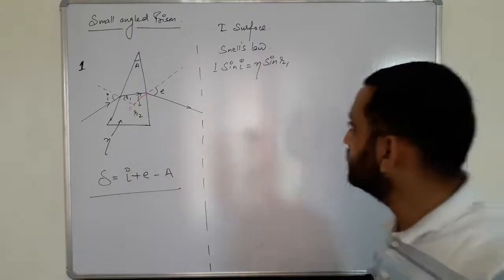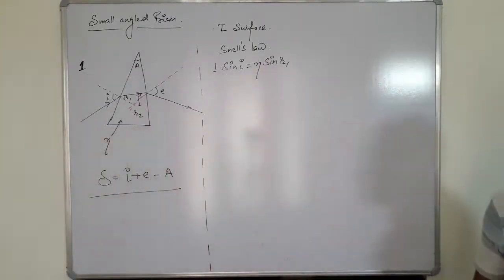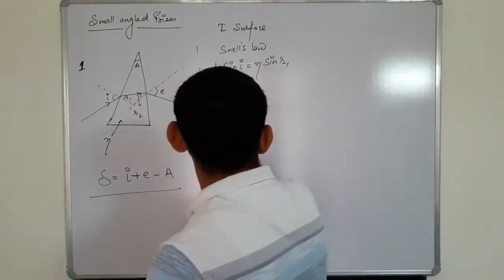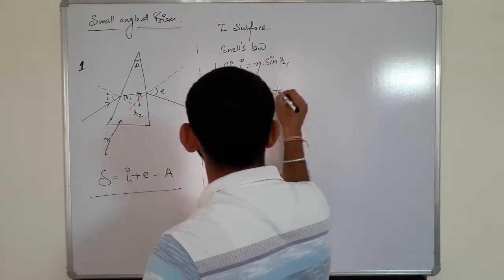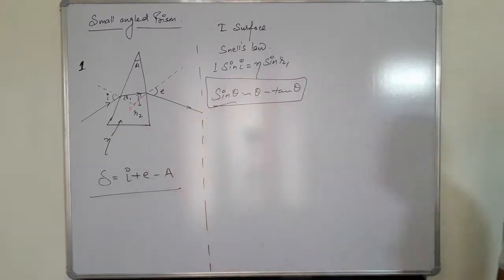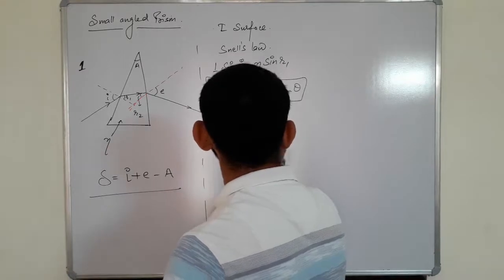And we all know, for small angles, if the angle of prism A is small, then all angles should be considered small, and for small angles sin theta is approximately equal to theta, approximately equal to tan theta. For small angles we know this approximation. So we can write that I is equal to neta into R1.